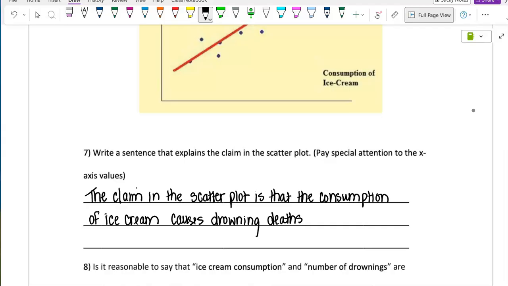Because again, the x-axis is usually our independent variable and the y-axis is our dependent variable.